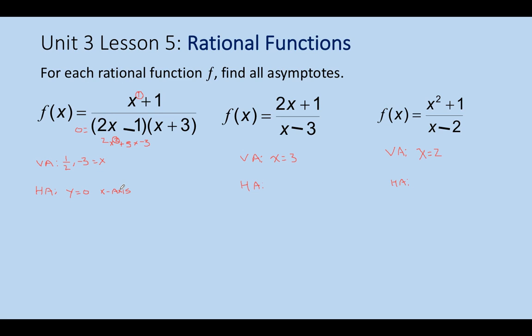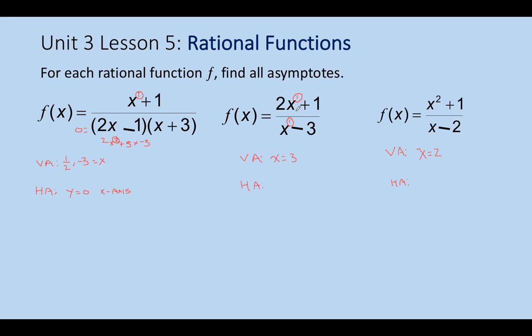Okay, and that's basically what we saw in all the cases in the previous examples, and so that's pretty common. Now there's 2 other cases here. And so the second case, you can see that the degree here is 1, and the degree here is 1.